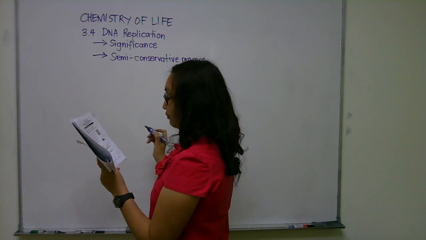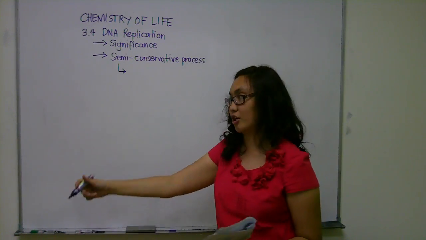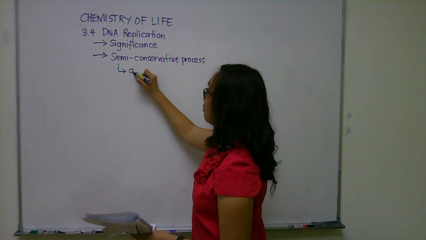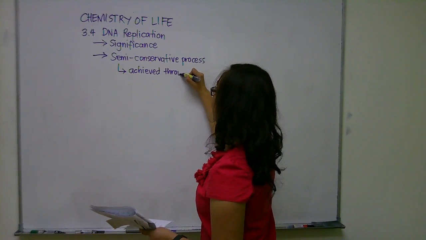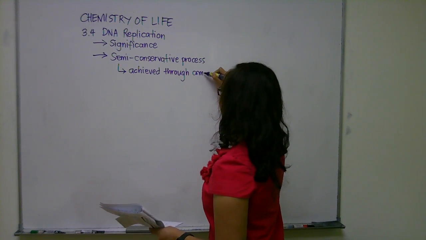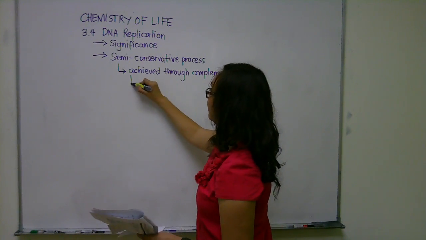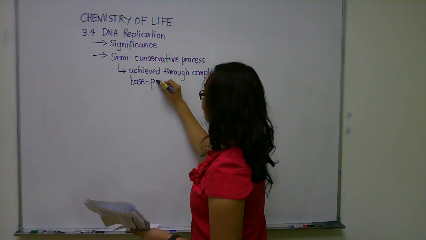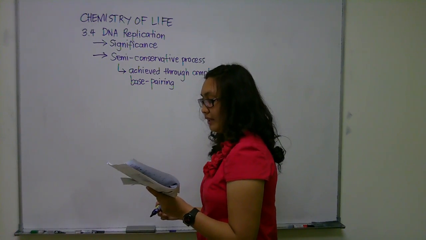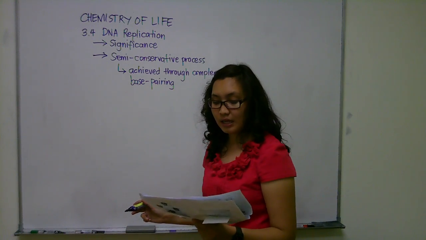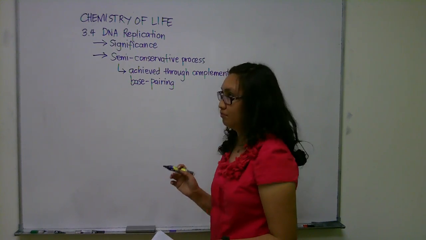Okay, so the semi-conservative process, just like the formation of the DNA structure, is achieved through the process of complementary base pairing, wherein the bases from the parent strand determine the bases that are going to be present in the daughter strand.